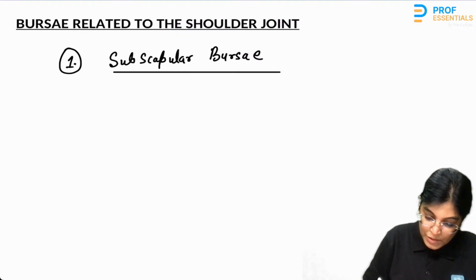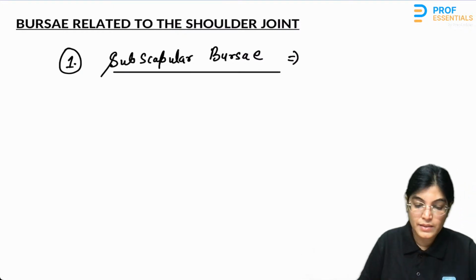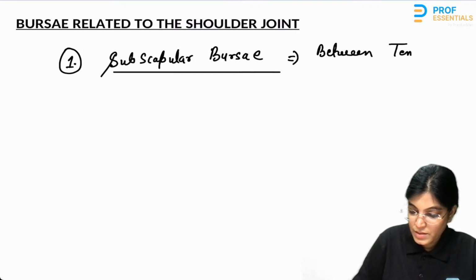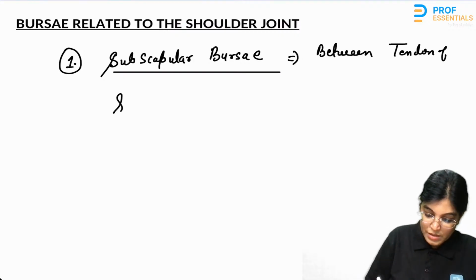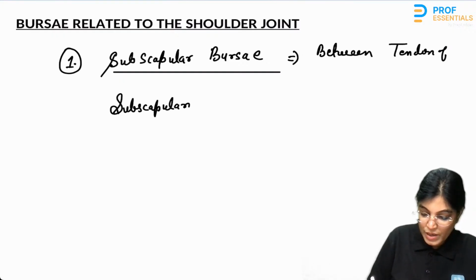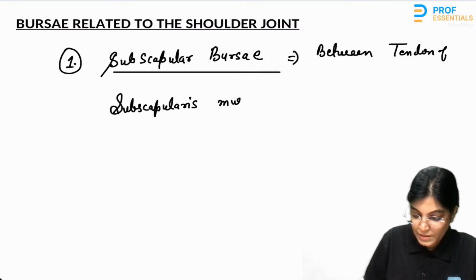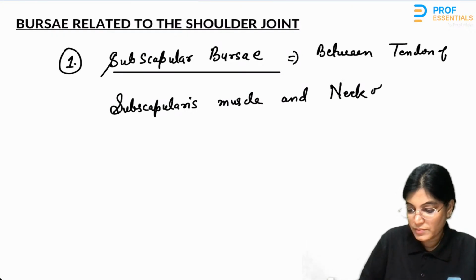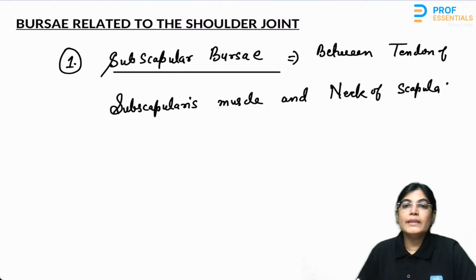The subscapular bursa is located between the tendon of the subscapularis muscle and the neck of the scapula. This bursa is very important.